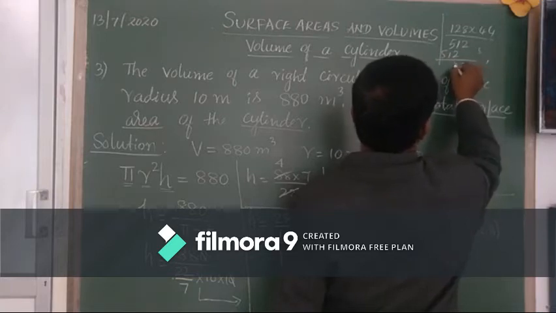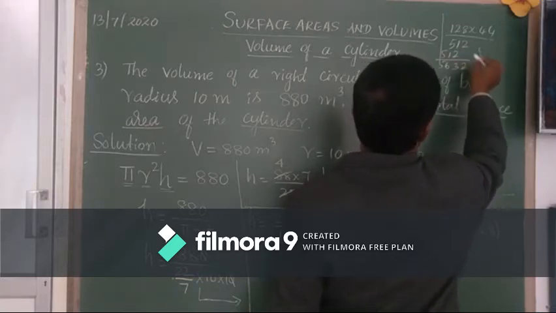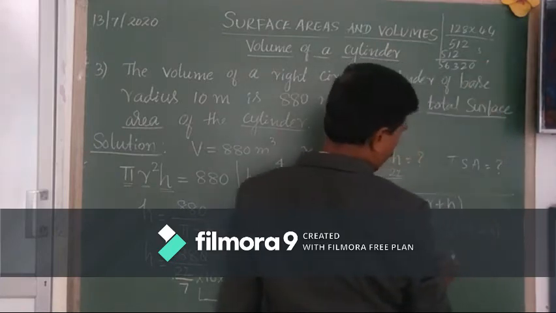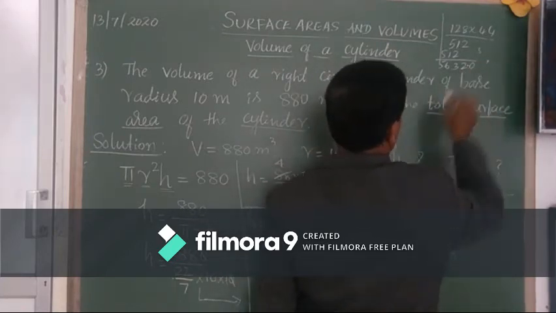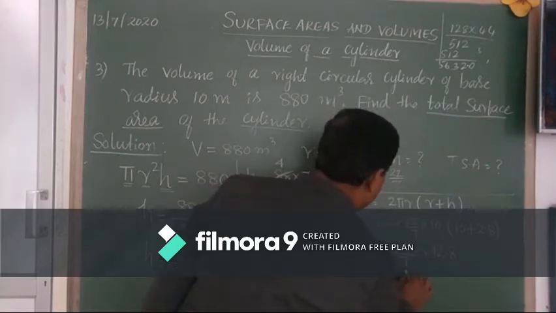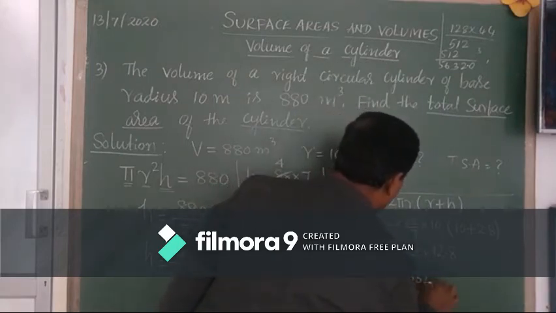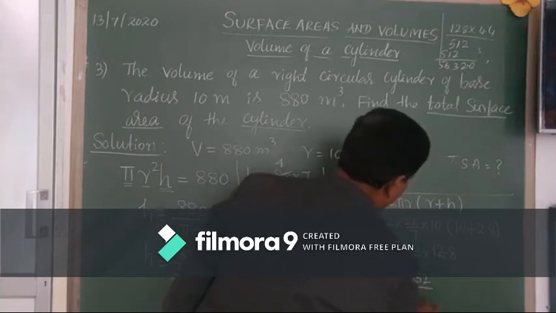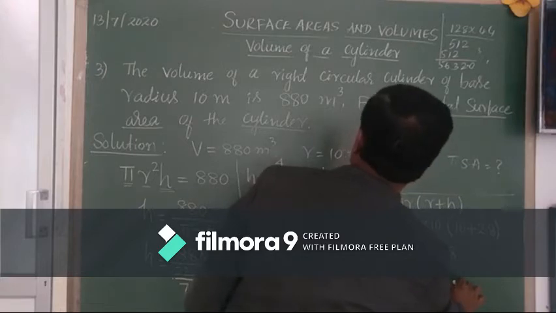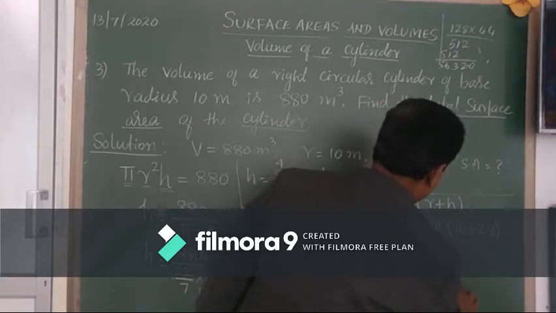So 5, 6, 3, 2. Here 1 0 is there, 1 0. So after the decimal point there is one digit, so put the point here. So the answer is 5632 by 7 cubic or square meter. Square meter.